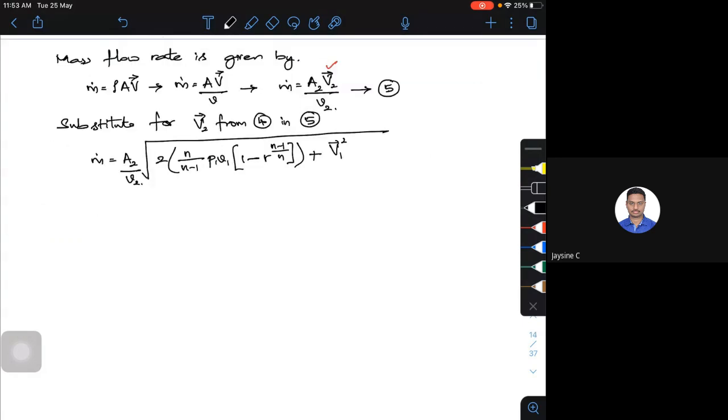I can simplify it further, just like m dot by a2, taking my a2 to the denominator.